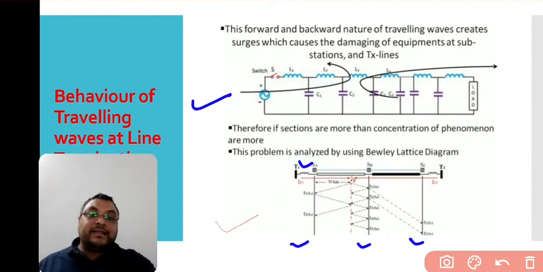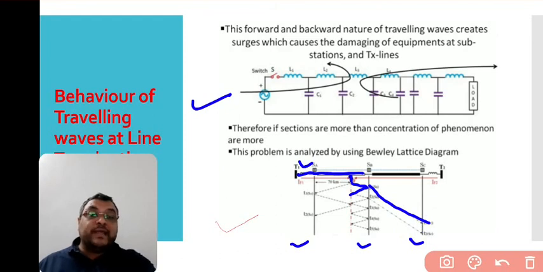When we give the supply, the power travels through this line and reaches this particular point. Some of it is reflected when it enters the next section, and some of it is refracted.